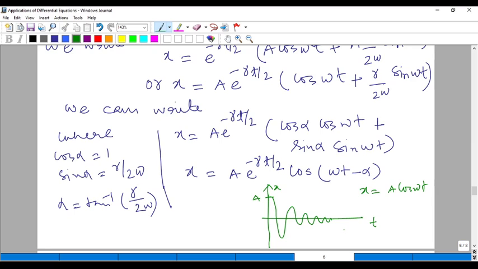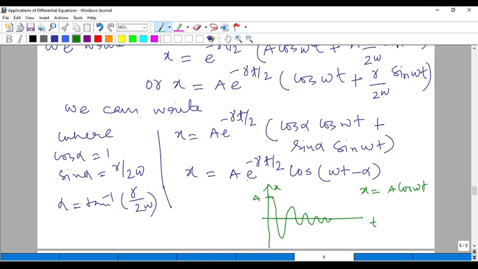So the difference is that in this expression the amplitude is a into e to the minus gamma t by 2. So there is an exponential term in the amplitude, and there is a phase difference, that is alpha. So what will happen in this situation?